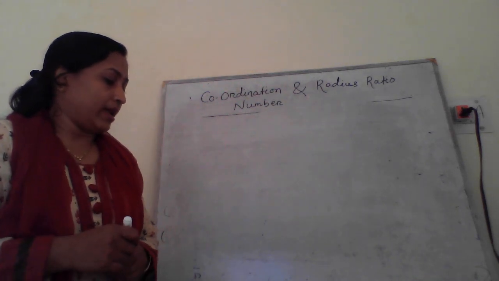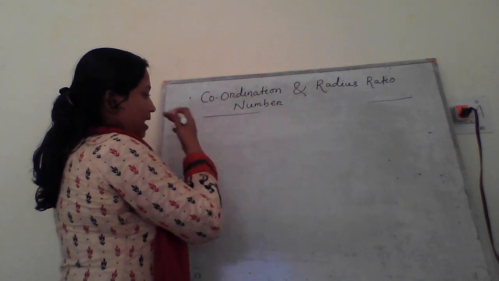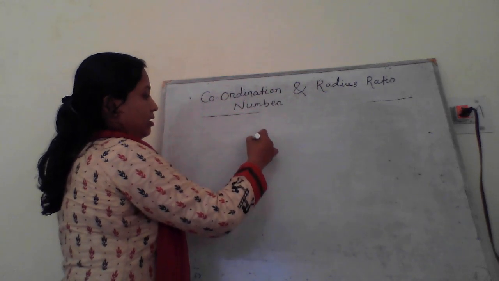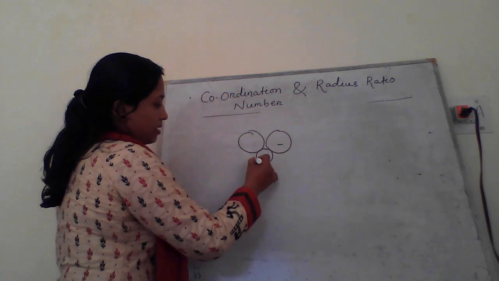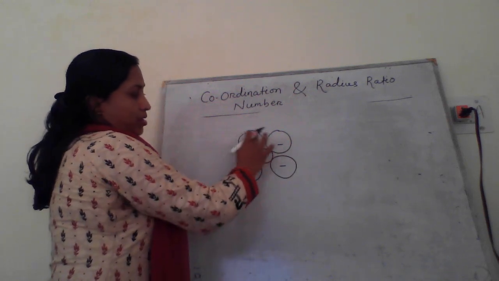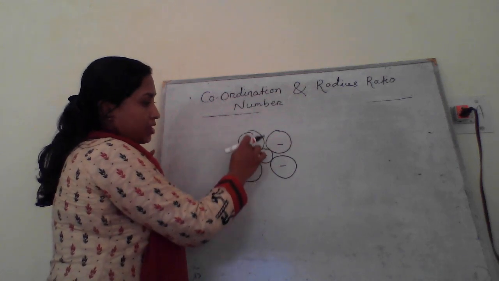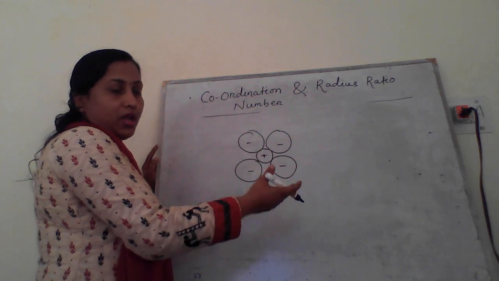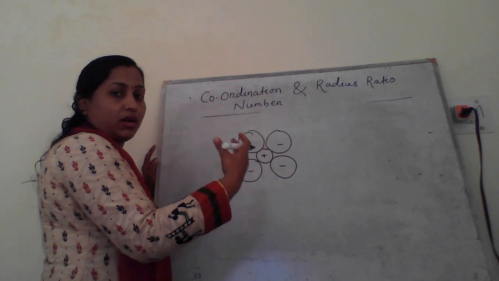So in an ionic crystal having 6 coordination number, the cation is here, and these are the anions, and we know the anions do not touch each other, for better packing or for stability. If they touch each other, then there is a repulsive force, not an attractive force, so the ionic crystal is unstable.